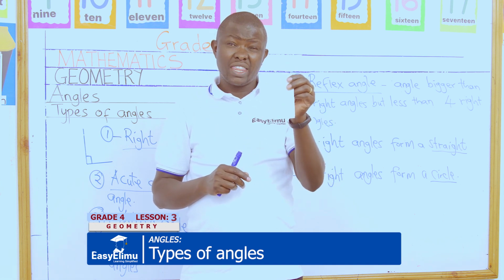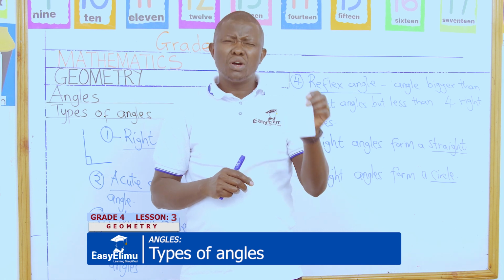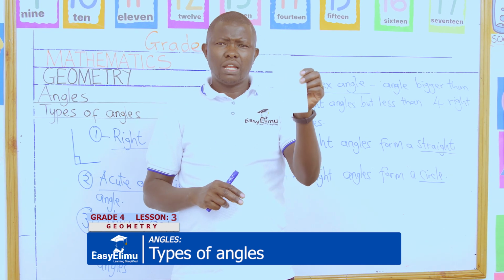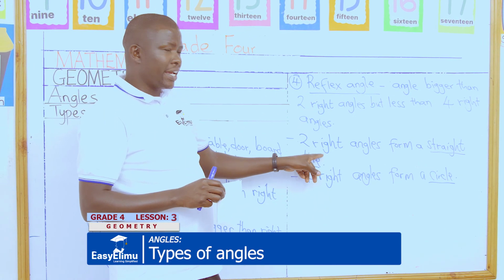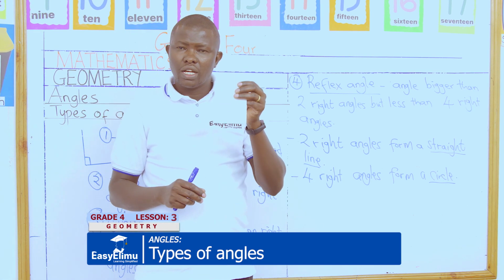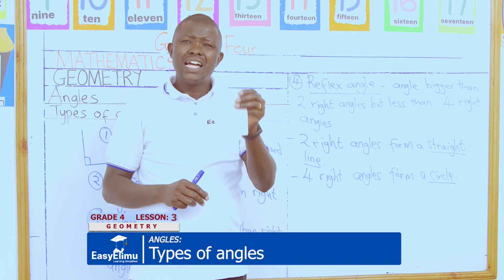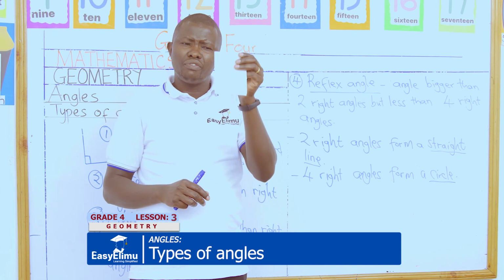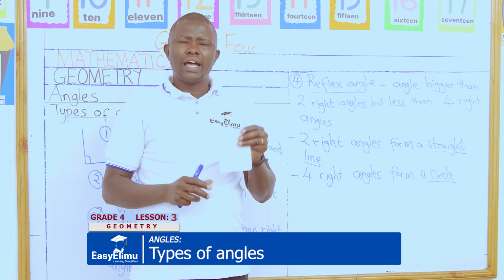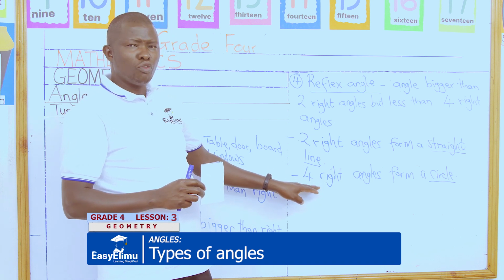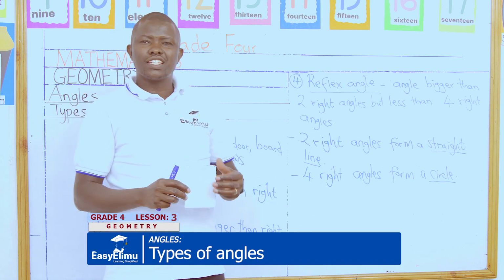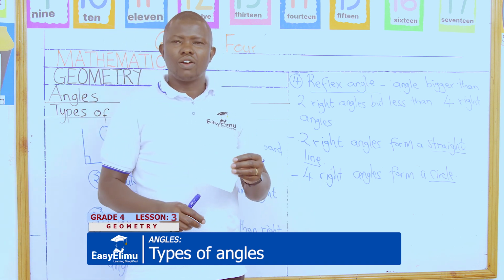An angle bigger than this, but smaller than 2 of this, now these 2 we have called a straight line, is called obtuse angle. And an angle bigger than 2 of this, but smaller than 4 of them, 4 form a circle, we call it a reflex angle.